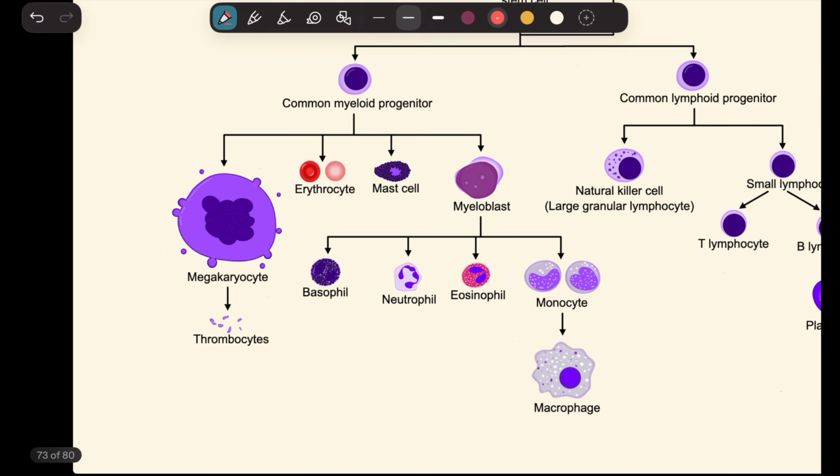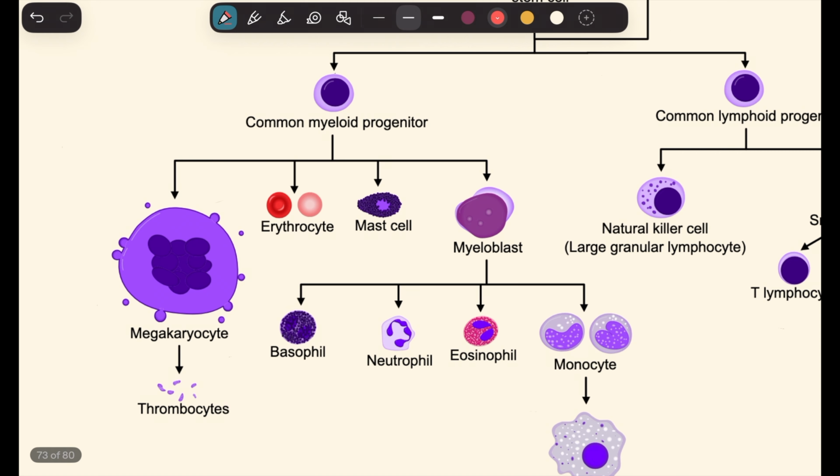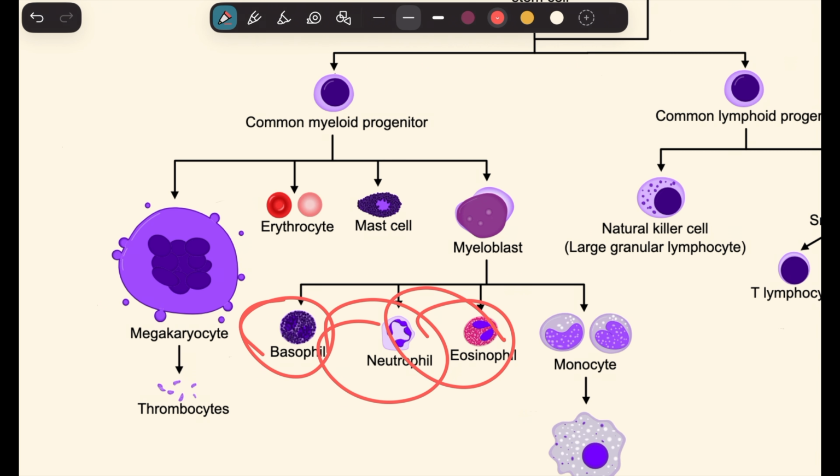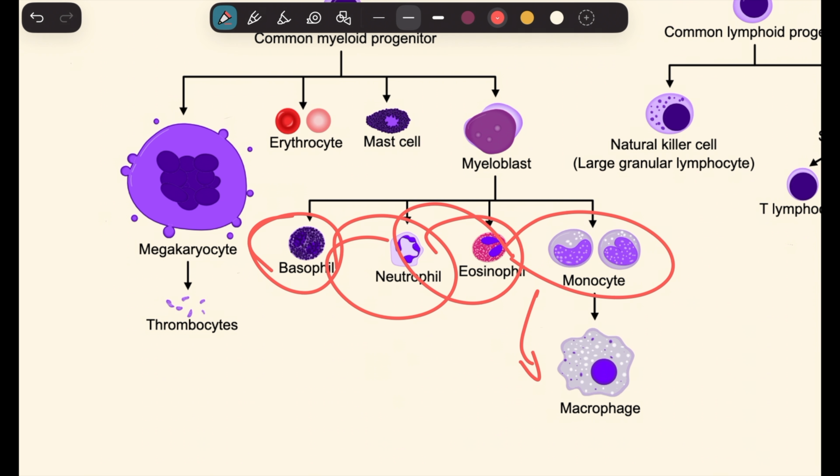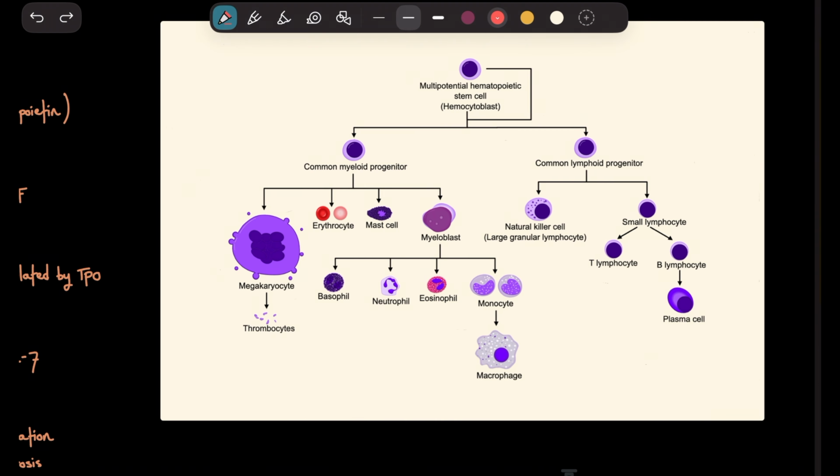Actually, we can go over here. So it's your basophils, your neutrophils, and your eosinophils, and your monocytes, which end up becoming your macrophages. So it's basically all of those innate cells that we talked about, except for a handful. So if we want those innate white blood cells formed, then we go down the granulopoiesis pathway.